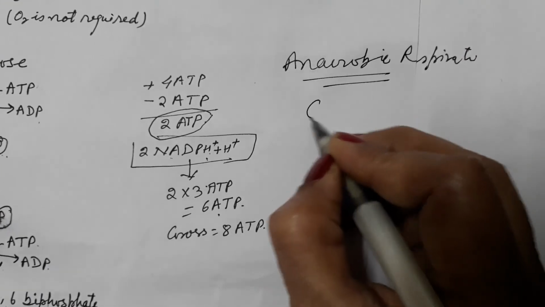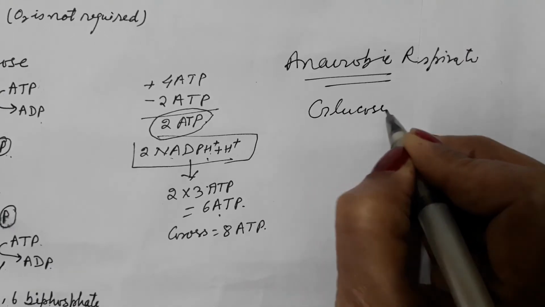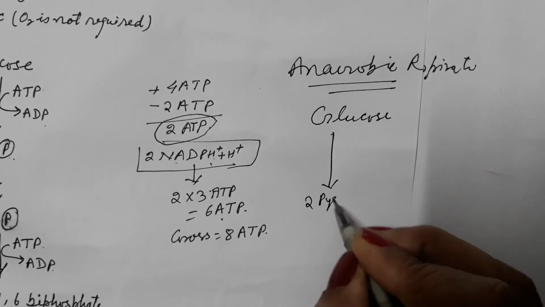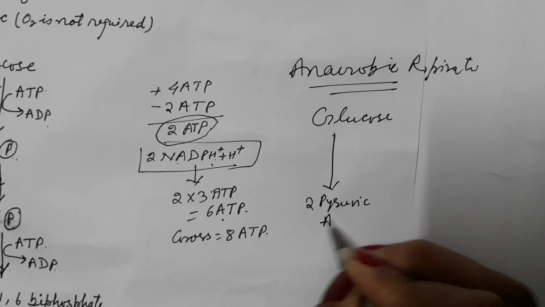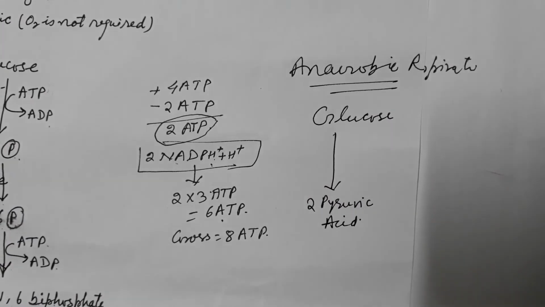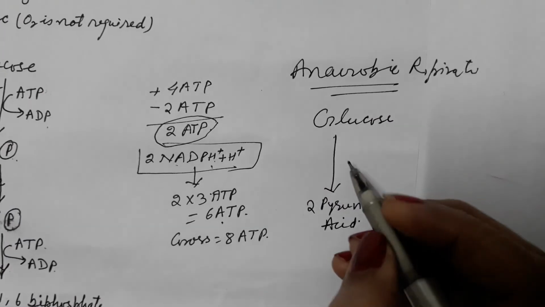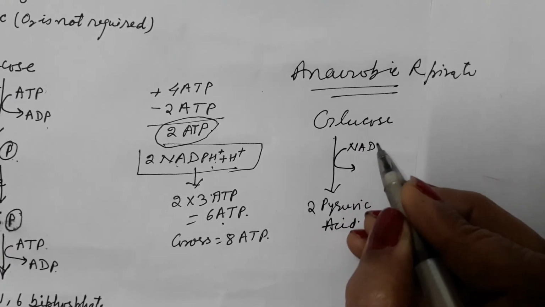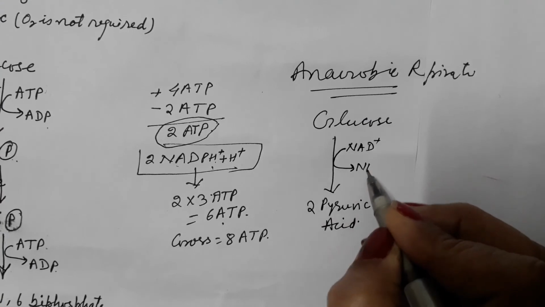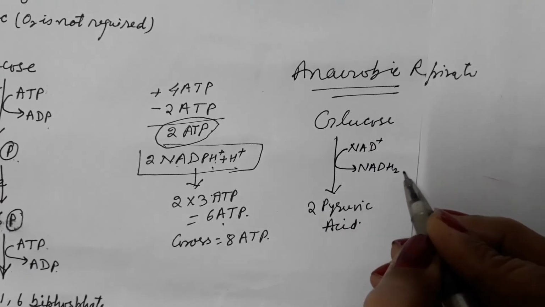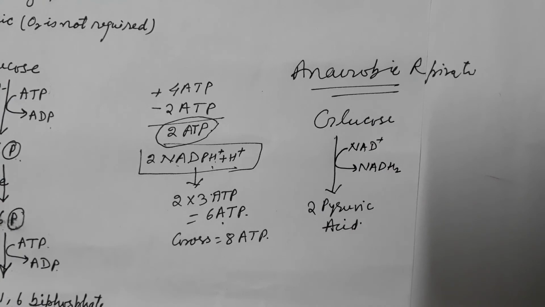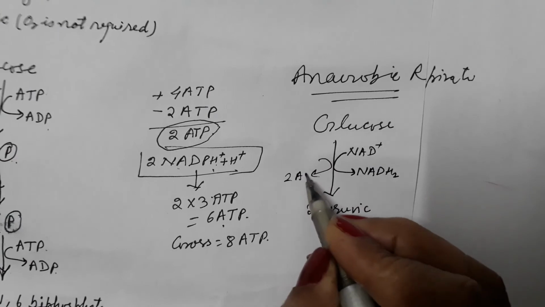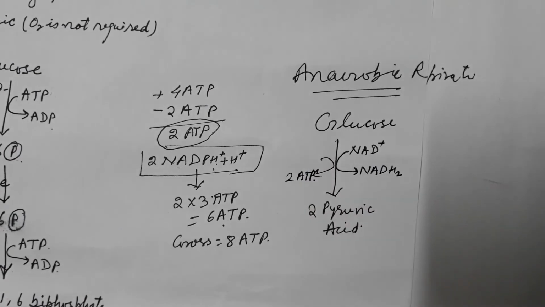Glucose is converted into 2 molecules of pyruvic acid and 2 molecules of NADH2 are produced in this process. And 2 ATP molecules are also produced in this process.